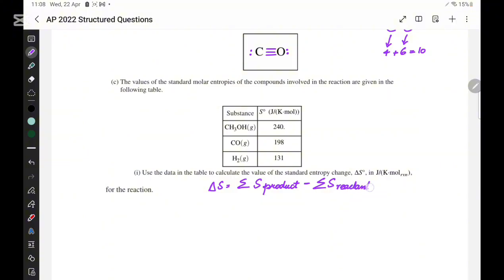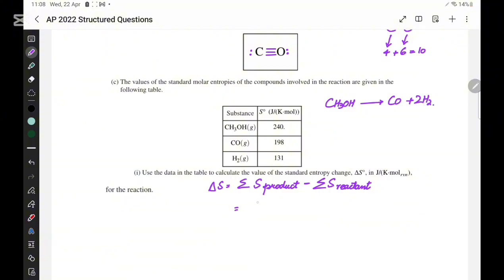This is the formula. And the equation is CH3OH forming CO plus 2H2.